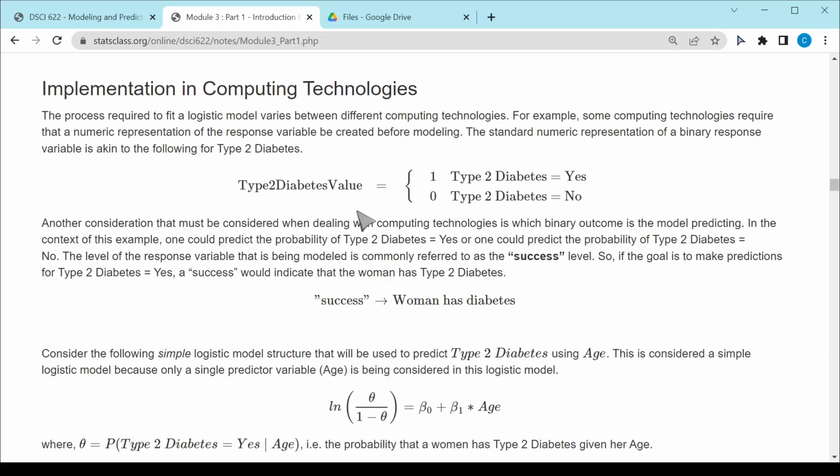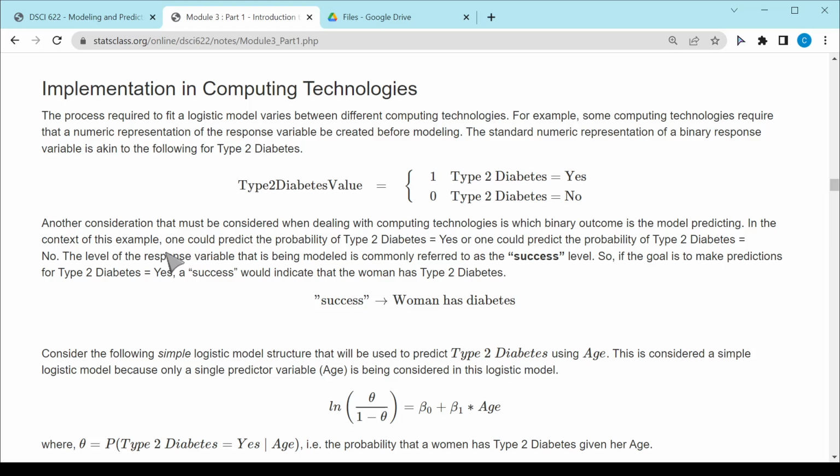The standard numeric representation for a binary response is to give the value 1 for the outcome that you are modeling. Here I want to model the chance of type 2 diabetes, so that is going to be indicated with a 1, and then a 0 is going to be that they do not have diabetes.